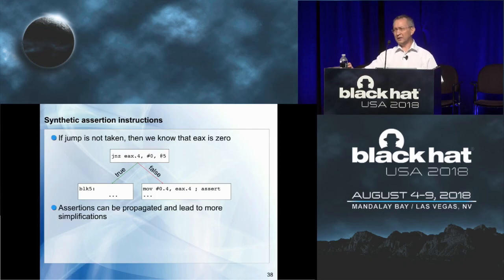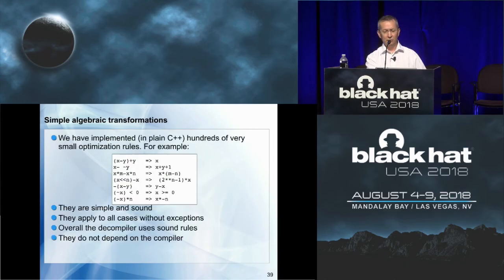That instruction was not present in the native code, in the initial input, but since we explicitly put it there, it can be propagated, and EAX will be replaced by zeros in this block and maybe in other blocks as well. So this is a nice trick to be able to propagate constant values over basic blocks.